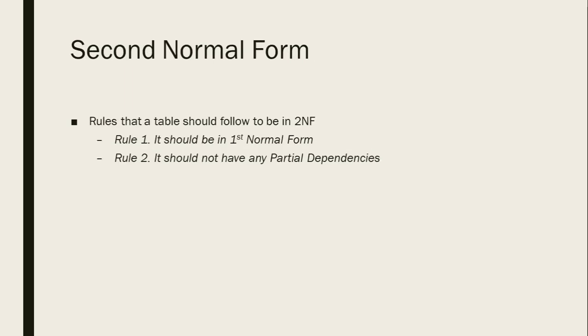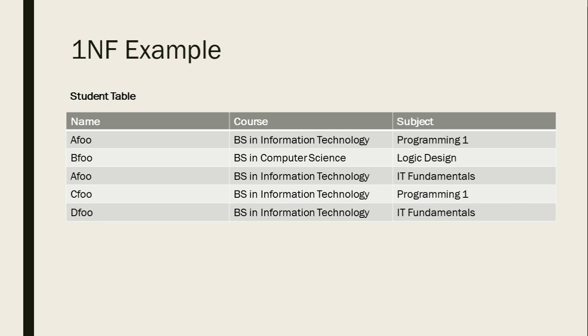Now, in our first example, in the first normal form, again, the question arises, is Afu a single person, or is it possible that there are two persons in the table with the same name? Now, we can uniquely identify a particular record in the table using a primary key.